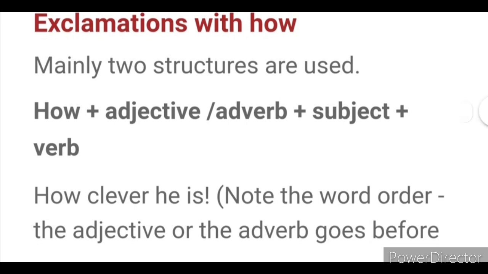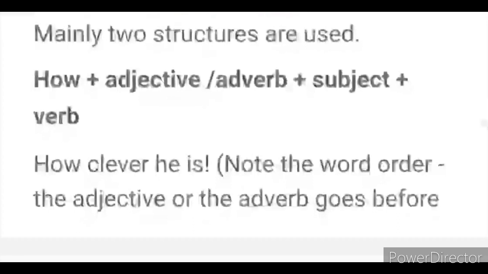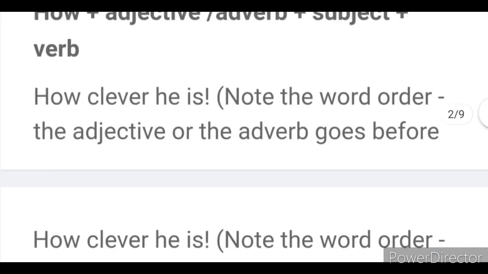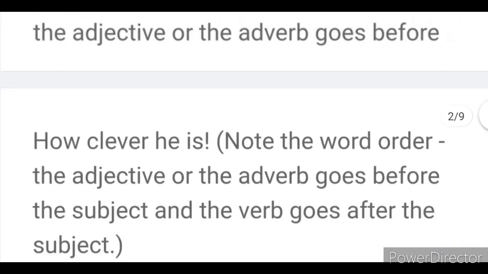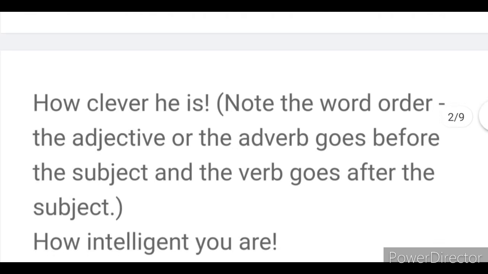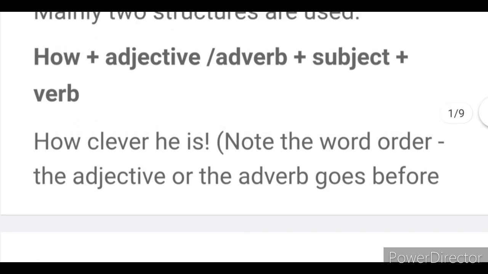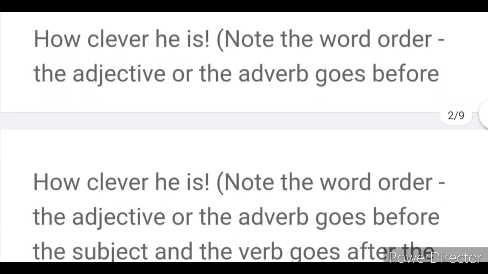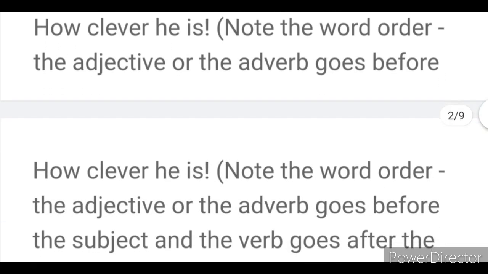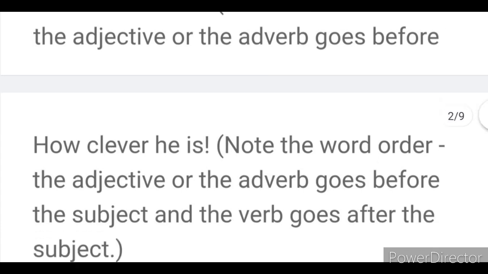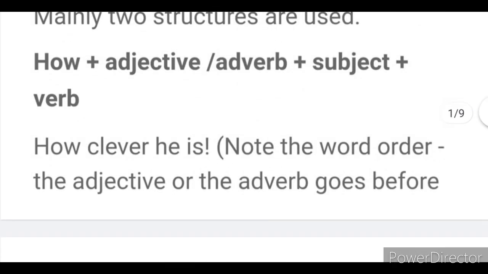Note the word order, the adjective or the adverb goes before the subject and the verb goes after the subject. So just notice this sentence. Let's analyze this. It is said here that the adjective or adverb goes before the subject and the verb goes after the subject. So in this sentence, how clever he is. Okay, who is the subject of this sentence? He. So how clever.